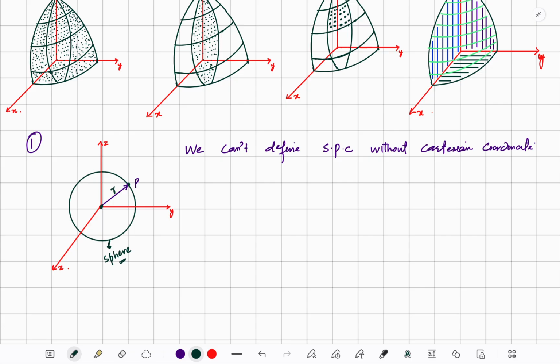Now there is an important point. First thing, what is r? Basically r is the radius of the sphere. There is no confusion about that. Another point, this point P lies on the surface of the sphere.